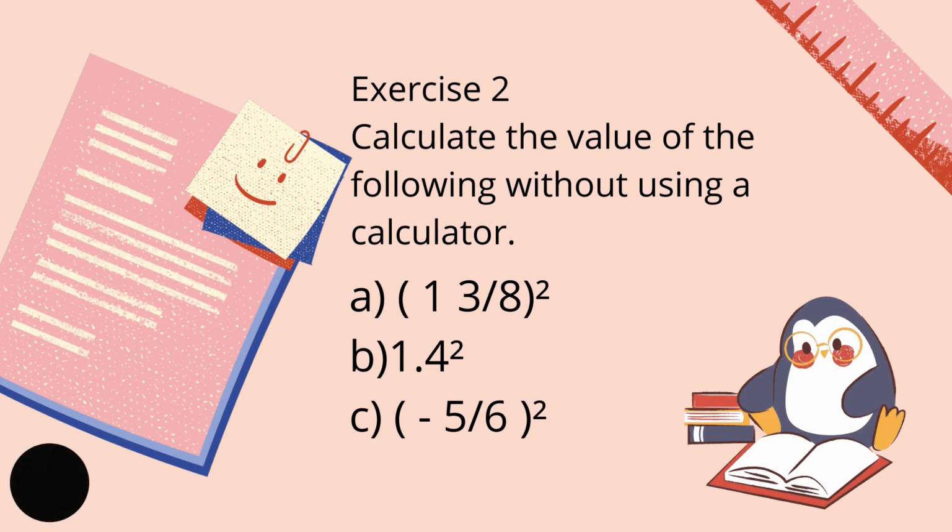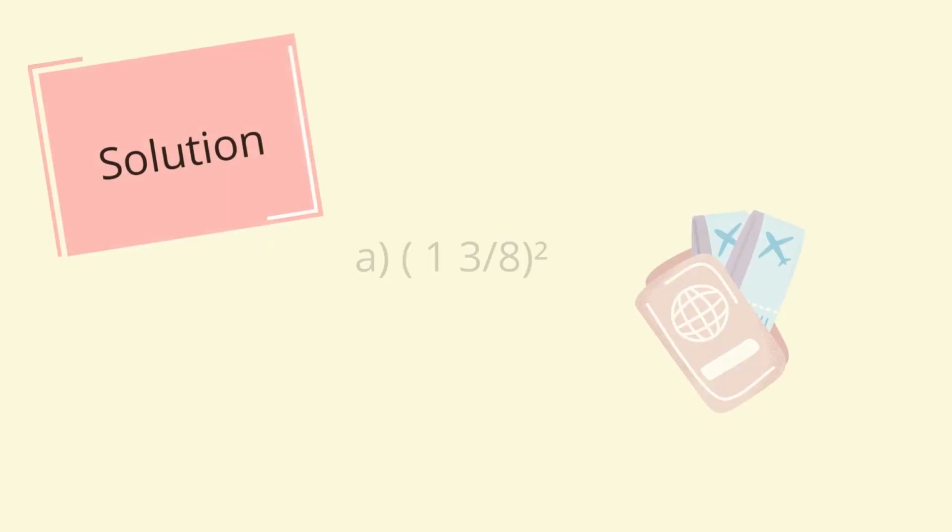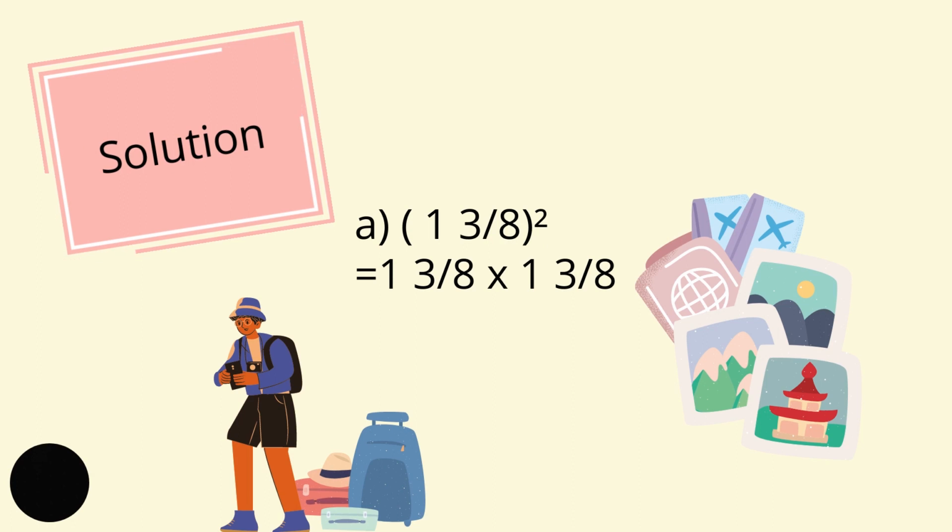Exercise 2. Calculate the values of the following without using a calculator. Let's look at A, which is bracket 1 and 3 over 8 close bracket squared. We just break it out, take away the square, and it becomes 1 and 3 over 8 times 1 and 3 over 8.